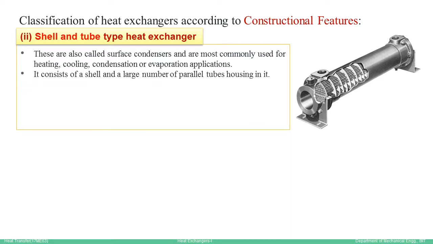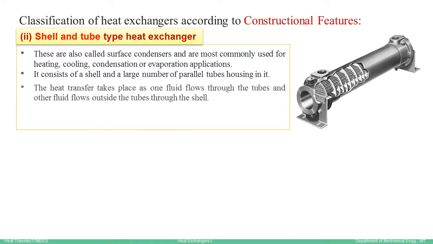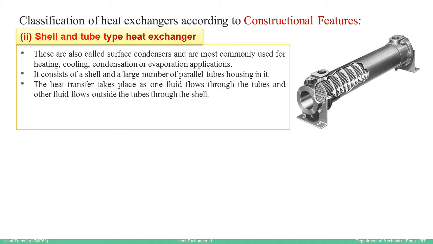As you can make out, there is a shell in which there will be a large number of parallel tubes, small pipes, housed in it, and the heat transfer takes place between one fluid which is flowing through the tubes and the other fluid outside the tubes through the shell. There is one fluid flowing through the tubes, and another fluid flowing over the tubes inside the shell.